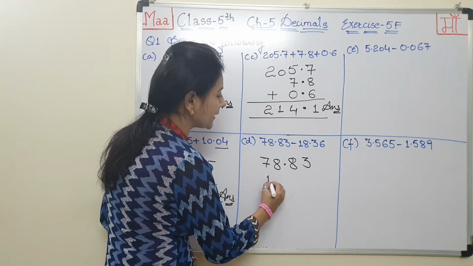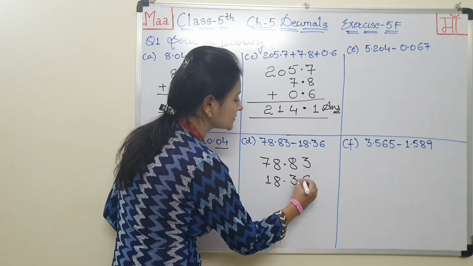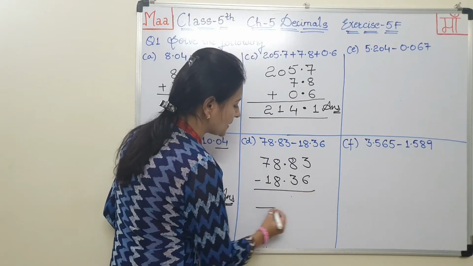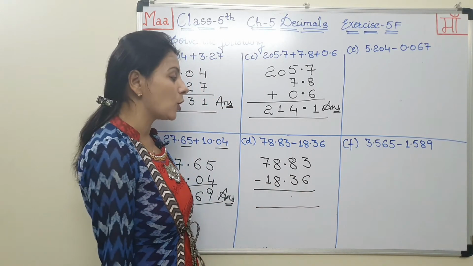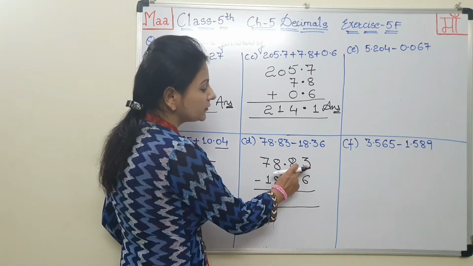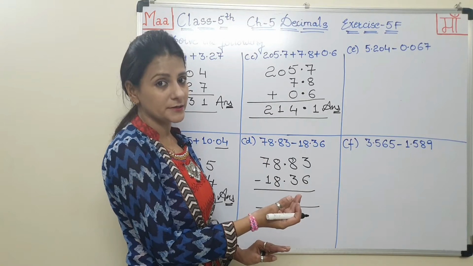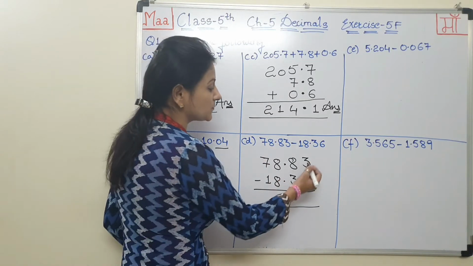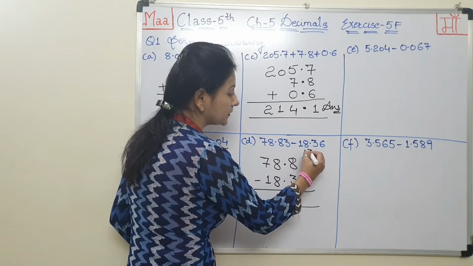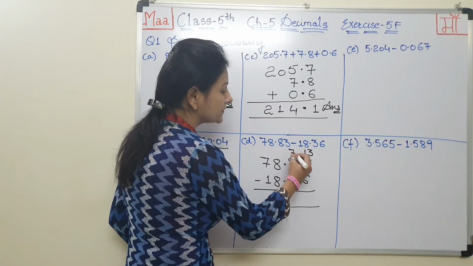78.83 minus 18.36. Okay, then we will subtract it after arranging in a column. So see what we will do. 3 minus 6 is not possible. We will start from the last digit, that is, on the 100th place we will start. So it will become 13 and this will become 7.